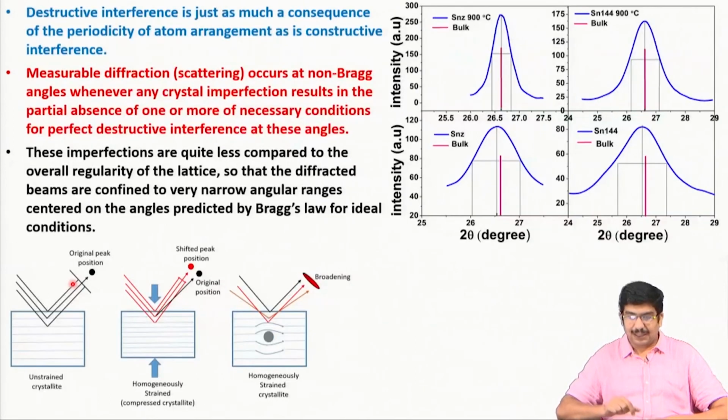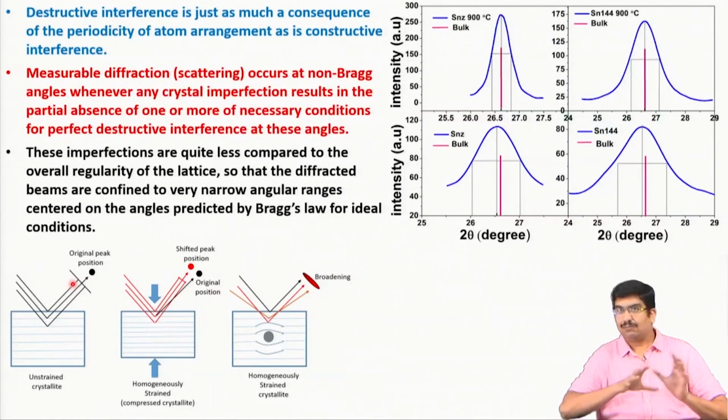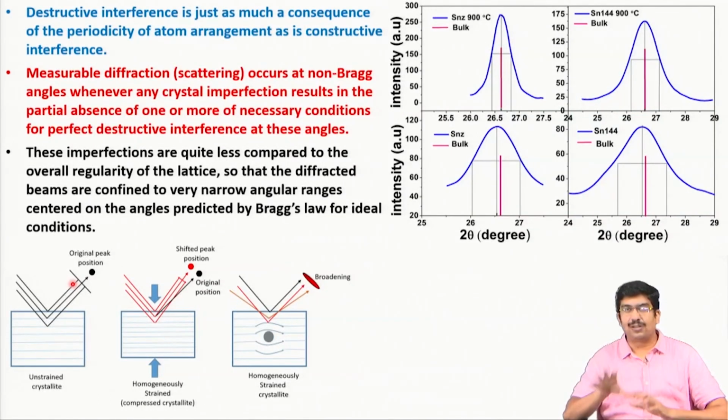Now, as I said, constructive interference is a consequence of this periodic arrangement of atoms. In the same way, destructive interference is also a consequence of this periodic arrangement. If you remember, when the path difference is exactly an integral multiple of lambda, we get constructive interference.